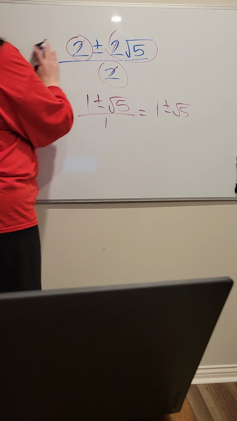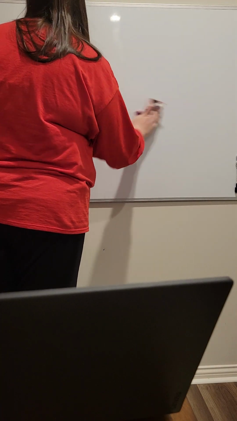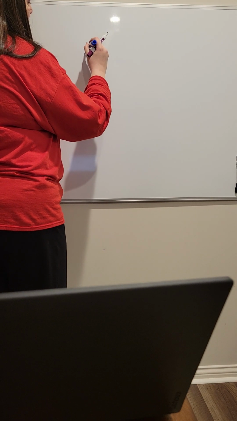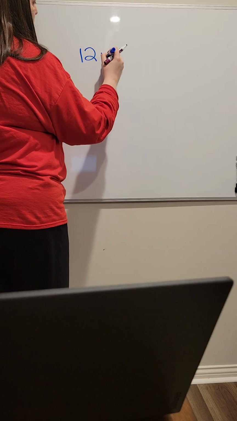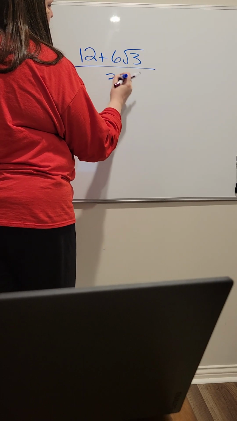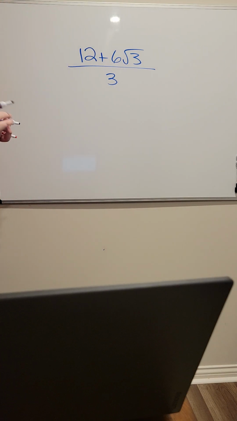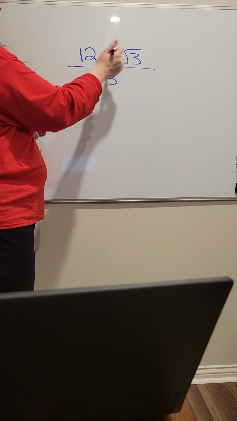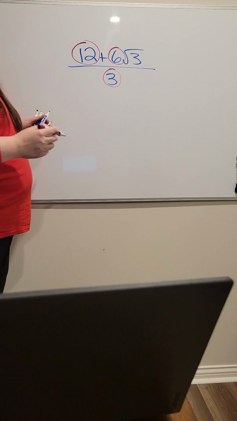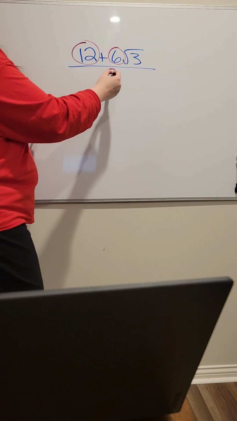So another case would be, let's see, if we had 12 plus 6 root 3 over 3. Okay, you can't touch this with the 12, the 6, and the 3 all have a common factor of 3.